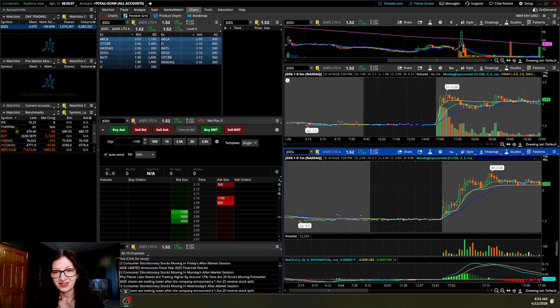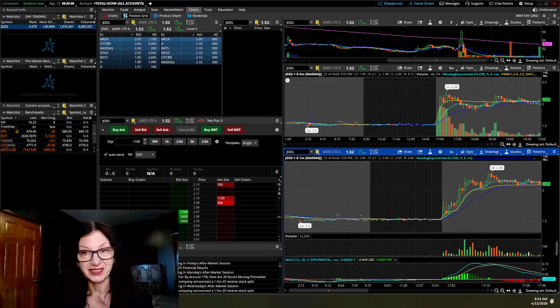All right, let's do a recap of multi-time frame alignment. Okay, so it means using more than one chart together in conjunction to get a more complete picture before you enter a trade. The daily chart will give you context.